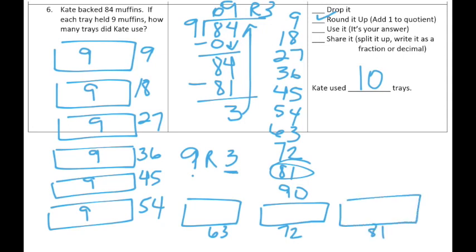This would make 81 muffins, but that's not all of them. So I would have one more tray that only had 3 on them instead of 9 like all the others. I know I have written all over this board, but I hope that you understood what we were talking about. Let me give you a few moments to write this down.